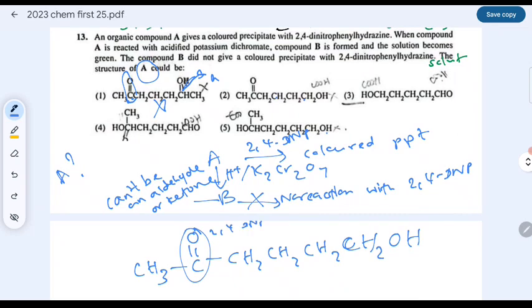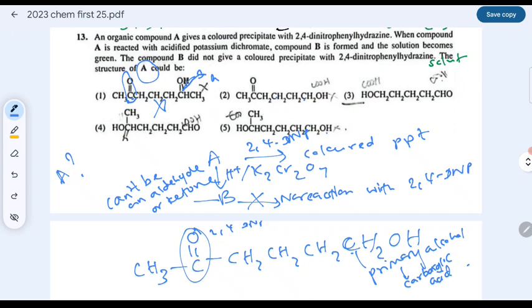Then when compound A is reacted with acidified potassium dichromate, this is a primary alcohol. Then it gives what? Carboxylic acid. Right? It gives carboxylic acid.